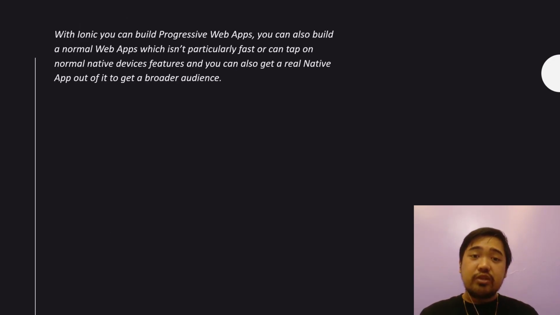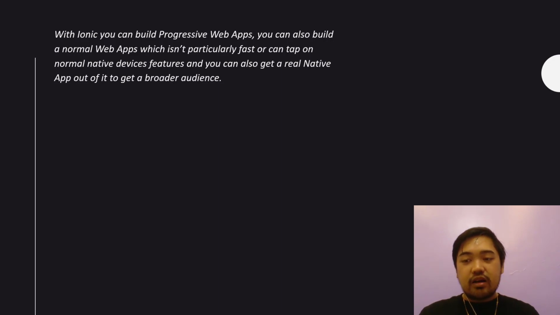With Ionic, you can build progressive apps. You can also build a normal web app which isn't particularly fast or can't tap on to normal native device features. And you can also get a real native app out of this to get a broader audience.